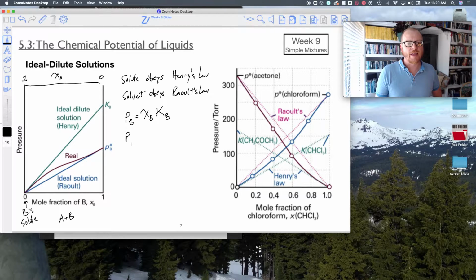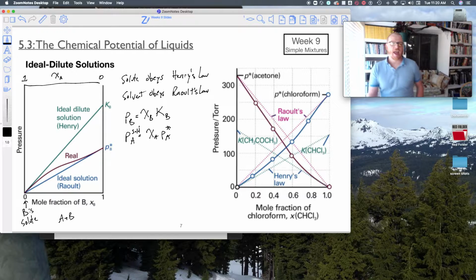So now if I look at PA, for example, it will be chi A. Or really I have to say the solution. So the vapor pressure of A in the solution is going to be chi A times the pure vapor pressure of A. Okay?